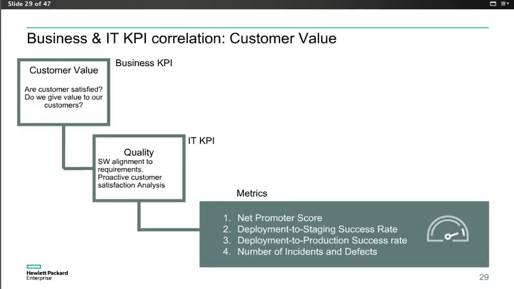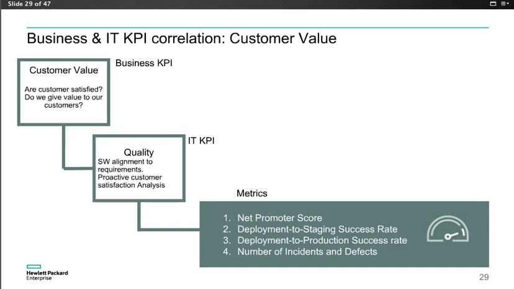Therefore, this is the right place for our consultancy, our help, to align business and IT KPIs, and to put a correlation between these different points of view onto the same process. You can see a few examples that I put into my presentation. For example, customer value, or whether the customer is satisfied. It is something business would like to measure and get this information on maybe a weekly basis.